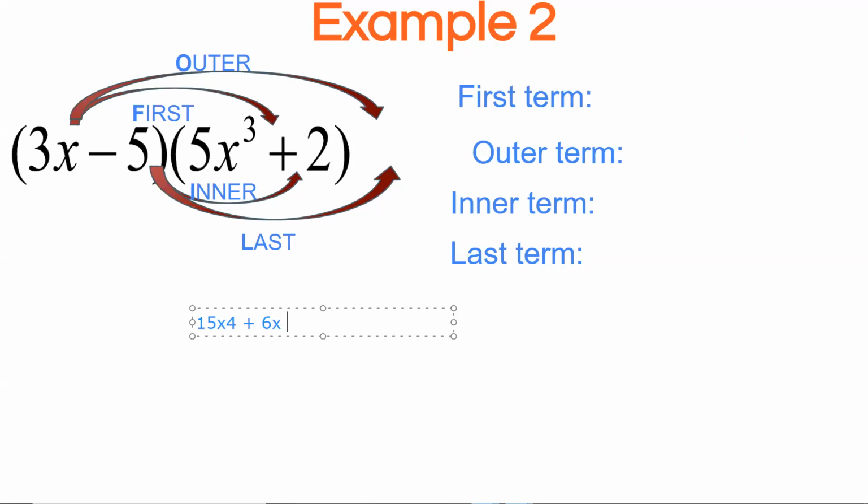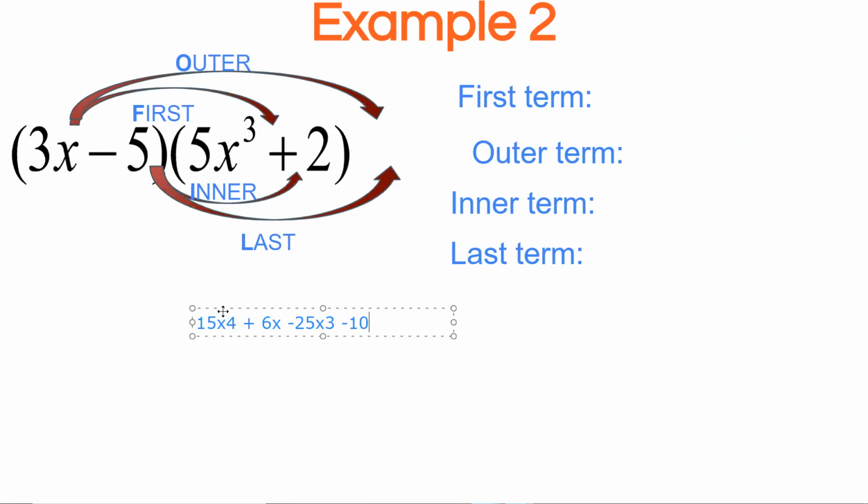Good. And then what's -5 times 5x to the third? -25x to the third, exactly. The x is just going to stay the same. And then the last one is -5 times 2, which is just -10.